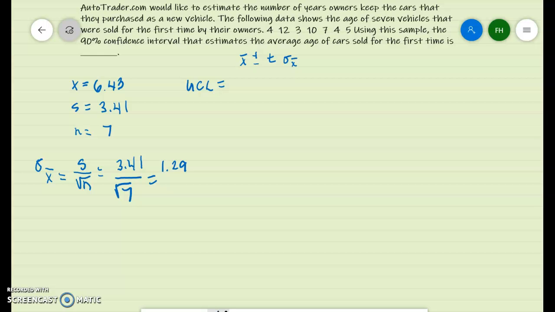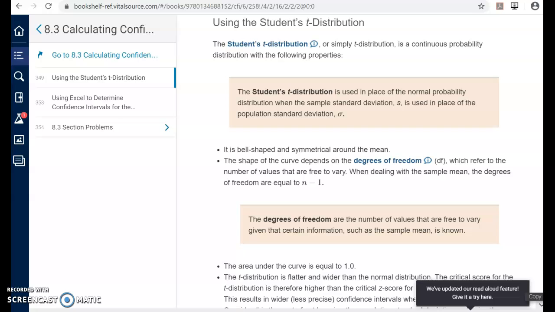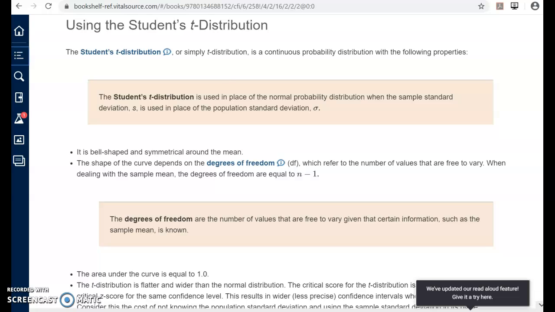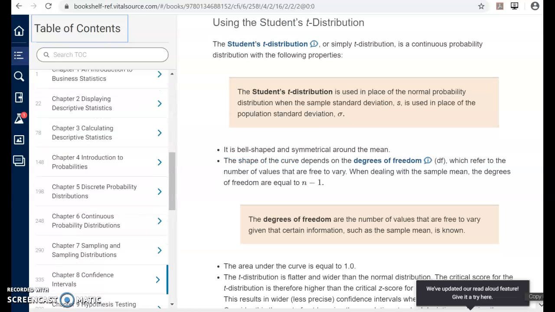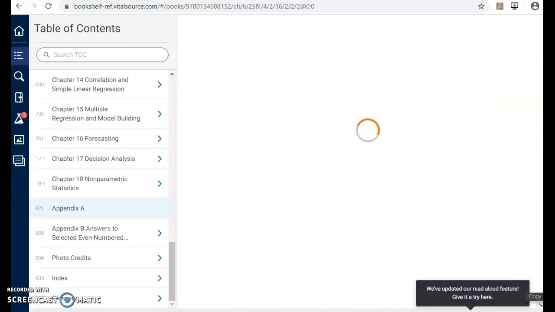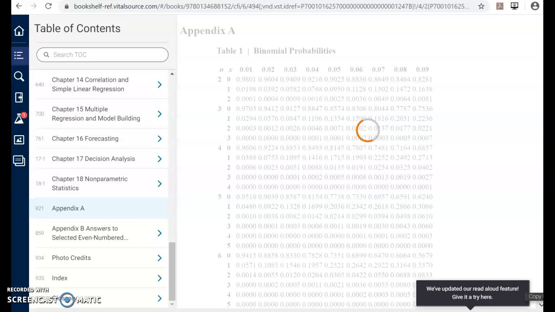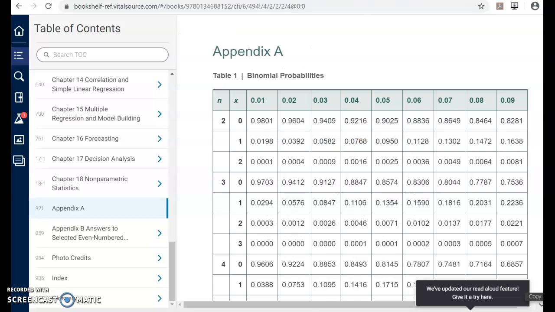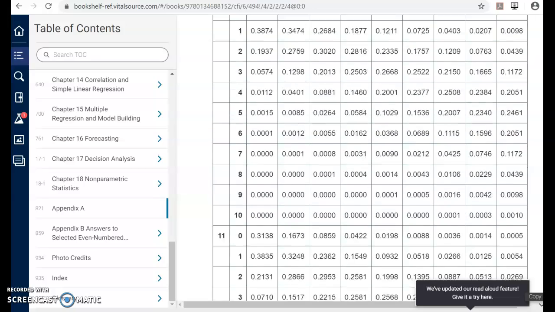So now we know we're going to do our x bar plus or minus our t-value times our standard error of our mean. So we know our x bar, which is our mean, is 6.43 plus, now here's where we have to go look up our t-value. We have a 90% confidence interval. So if you go to your appendix and you find the t-distribution, then you kind of have to scroll until you get to it.